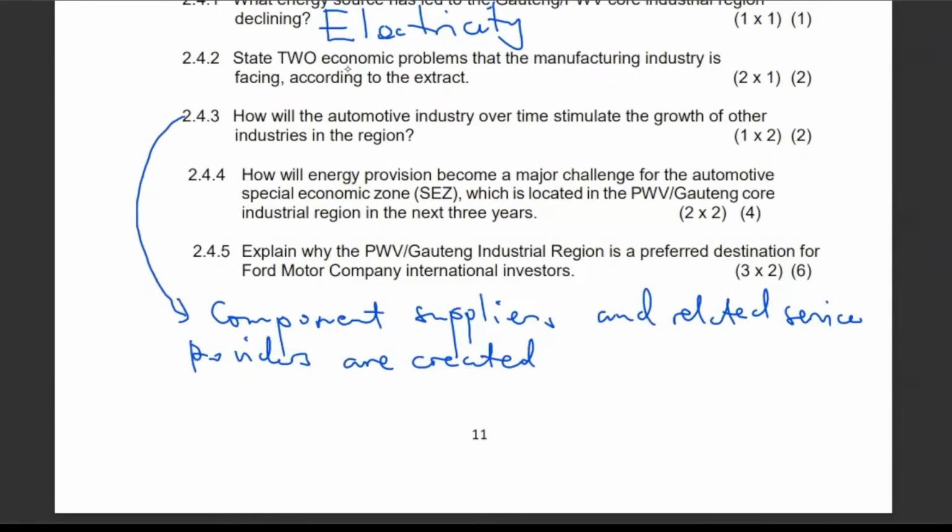So it creates businesses for other component suppliers. It is stimulating other industries and also related services. Like, for example, the automotive industry is related to insurance. We need to insure those cars. We also have to find out that service providers like insurers are also finding business. So it stimulates other industries. And also, we can talk of the multiplier effect. There's also a multiplier effect to other industries.